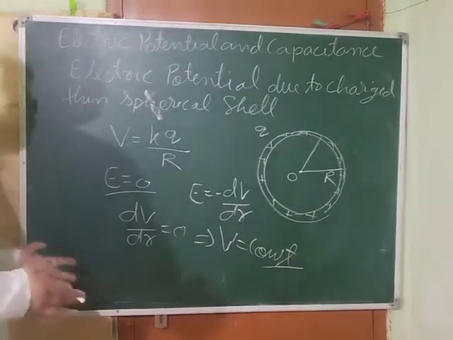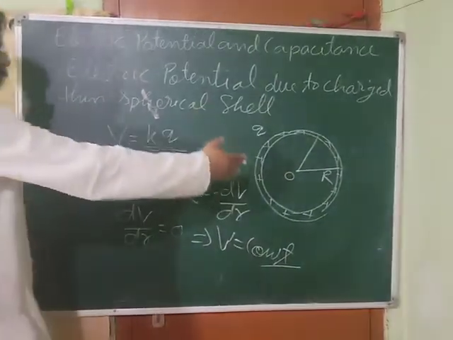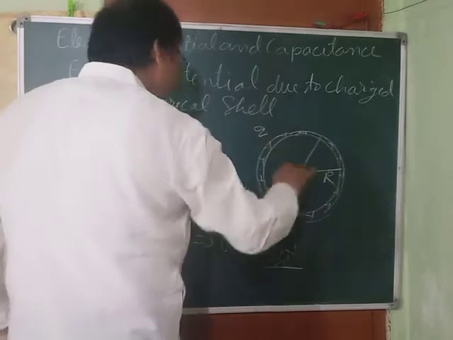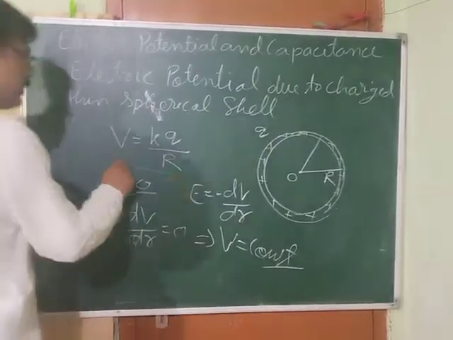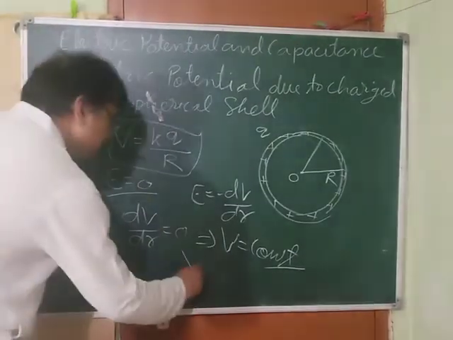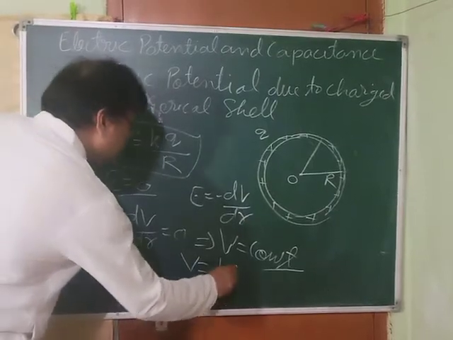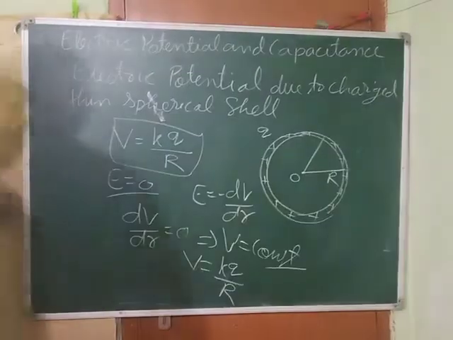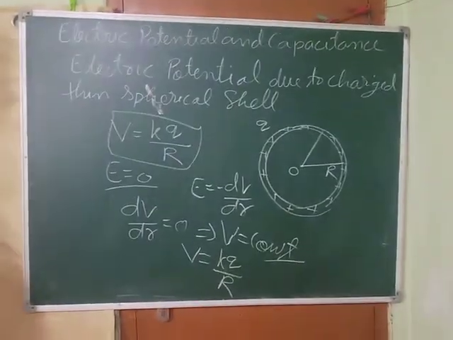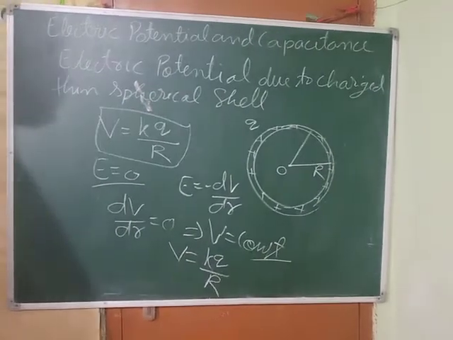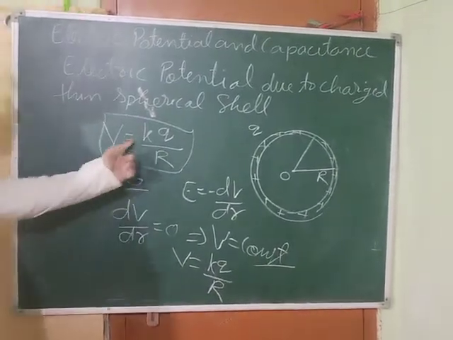That means the potential within the spherical cell everywhere has the same value. So V is equals to how much? It is KQ by R. Clear? Potential at the surface is how much?